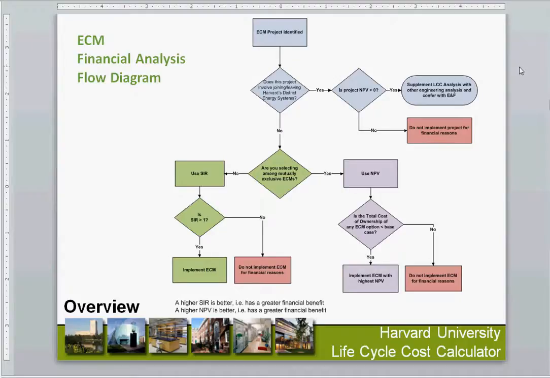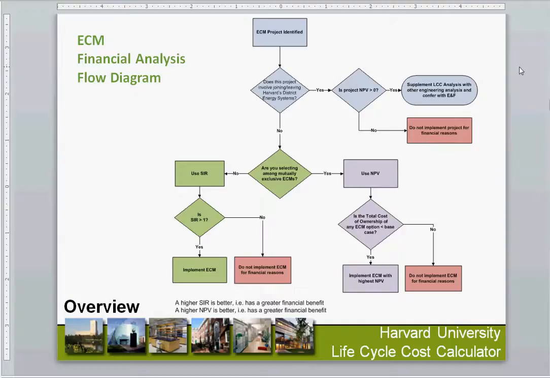One of these things that this calculator does not do well is provide a really macro level analysis of the decision of whether or not to use Harvard district's utilities, or to make your own heat or chilled water on site using traditional methods of chilled water cooling towers and chillers or boilers.